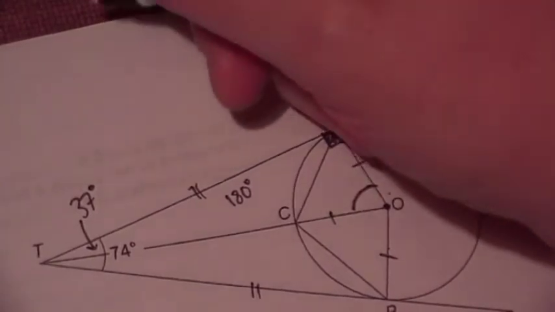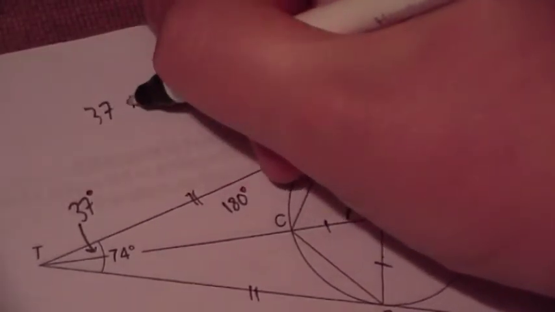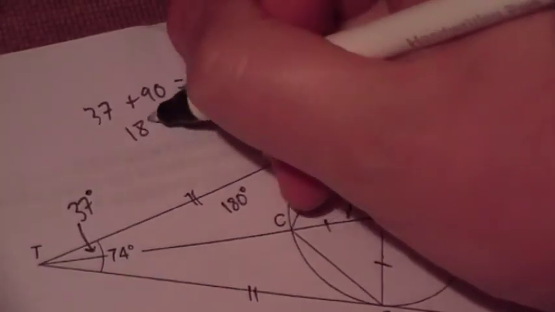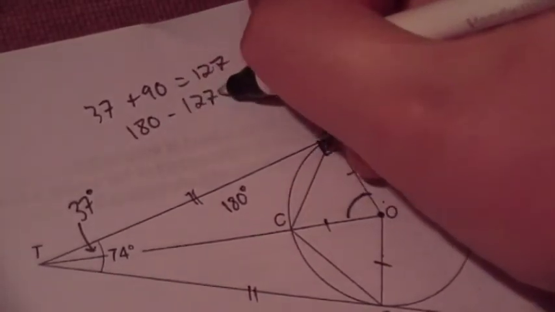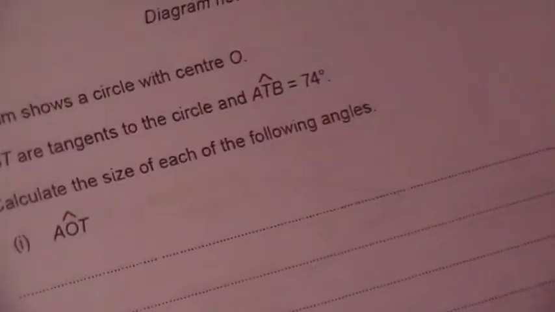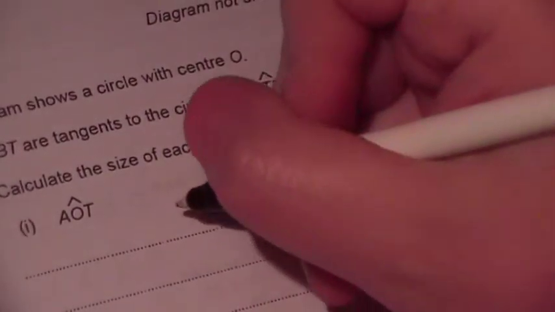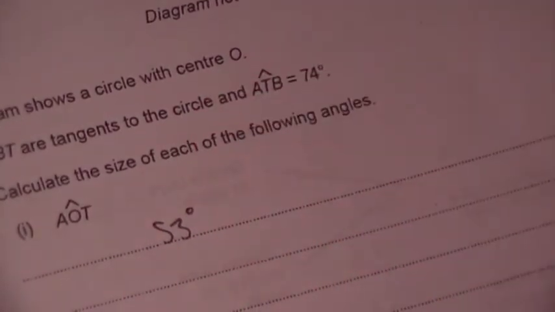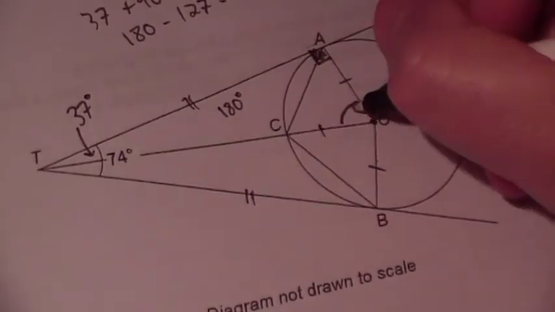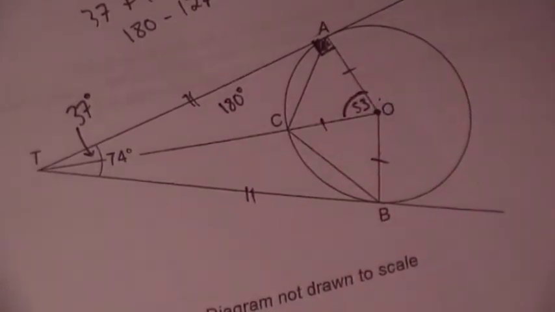And if I just do this up here so you can see it, 37 and 90 adds to 127, and 180 take away 127 comes to 53 degrees. So the answer to AOT is 53 degrees. And I'm just going to write it in here, 53.